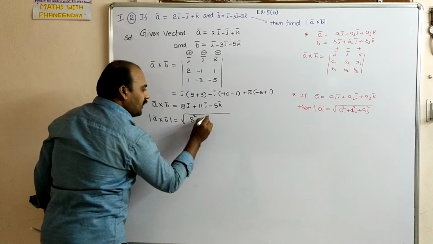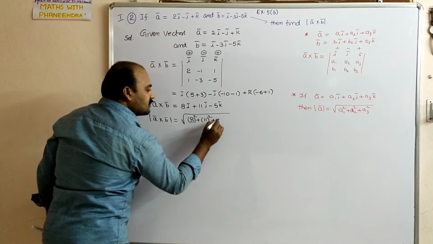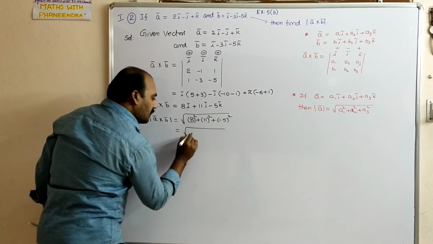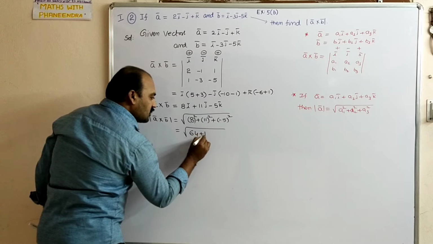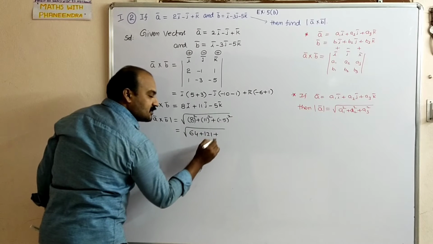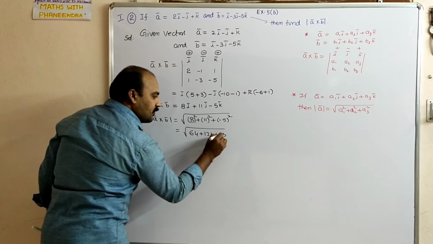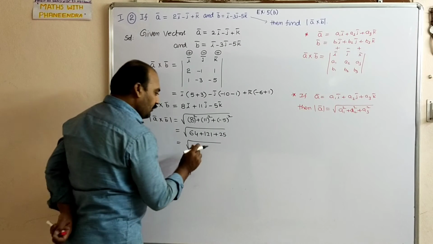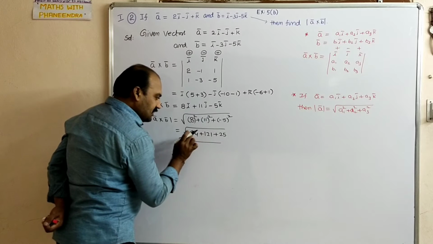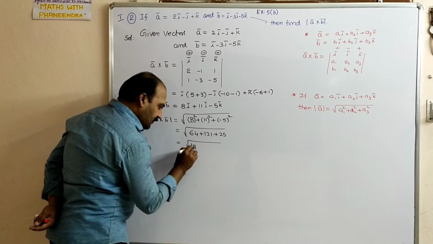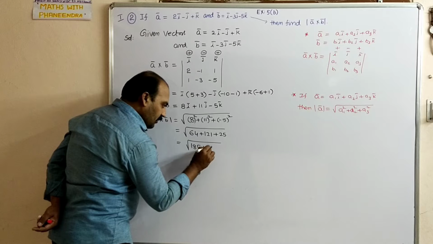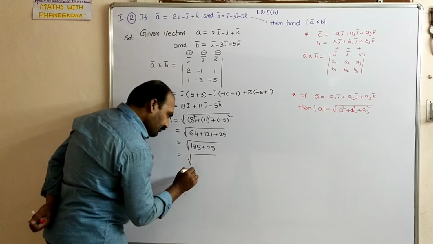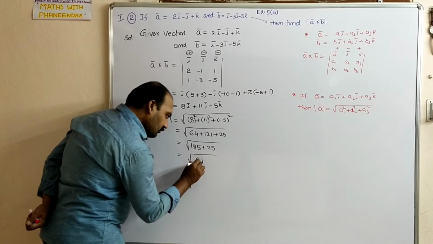plus 11 square plus minus 5 whole square, which is equal to square root of 64 plus 11 square is 121 plus minus 5 whole square is 25. So which is equal to square root of 121 plus 64, so 185 plus 25, which is equal to square root of 210.